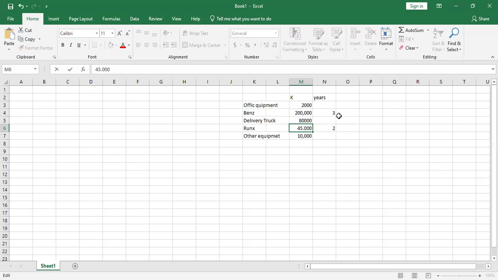Then equipment at 5,000. Is the equipment the office equipment? I think this is the other equipment, not the office equipment. So the other equipment was 5,000. So we've got that data, so we need to work with this.